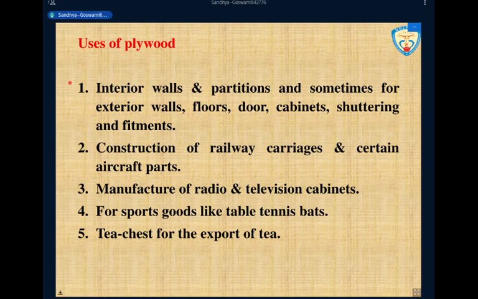Those are written here as interior walls, partitions, even sometimes for exterior walls, for the floor, door, cabinets, shutterings, fitments. For all those places you can use plywood. And also in railway carriages it can be used. And also cabinets, those we make, for that also plywood can be used.